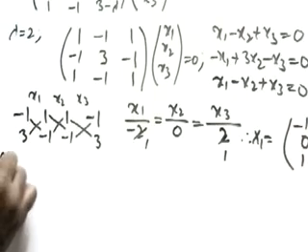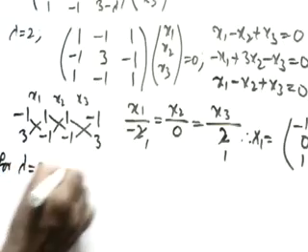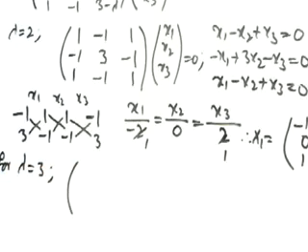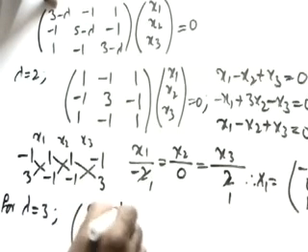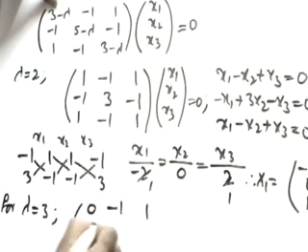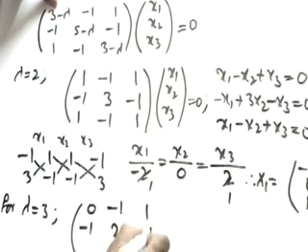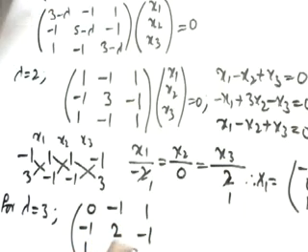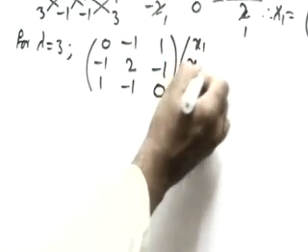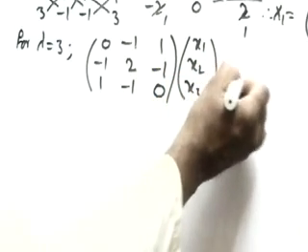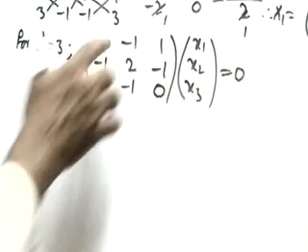Now let me take case 2, for lambda equals 3. See here, if we keep lambda equals 3, 3 minus 3 will be 0, minus 1, 1; minus 1, 5 minus 3 will be 2, minus 1; 1, minus 1, 3 minus 3 will be 0, into x1, x2, x3 equals 0.